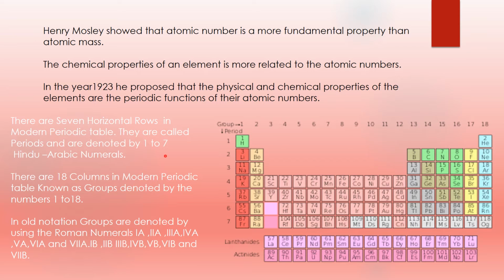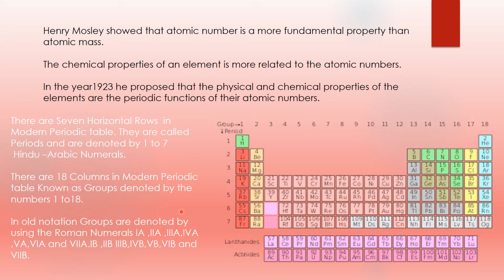Next, there are 18 vertical columns. Observe this one: 1, next 2, 3, 4, 5, 6, 7 and so on. How many vertical columns are there? 18 vertical columns are there. These 18 vertical columns are known as groups.